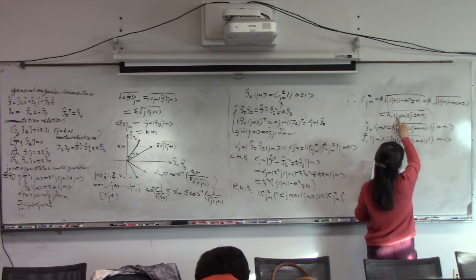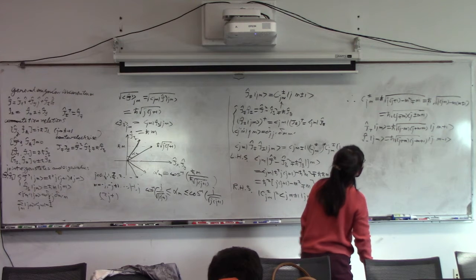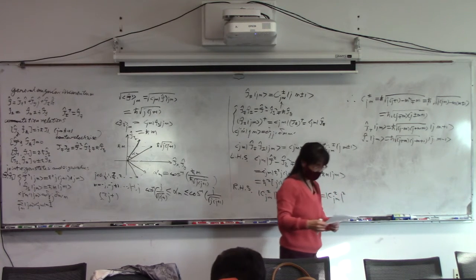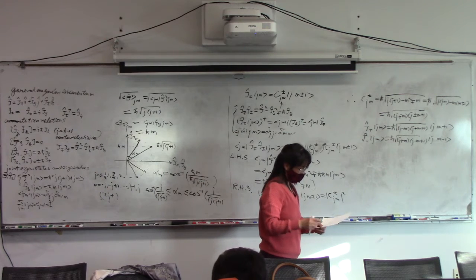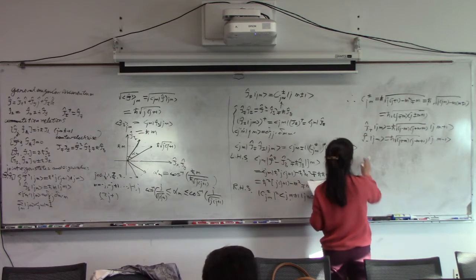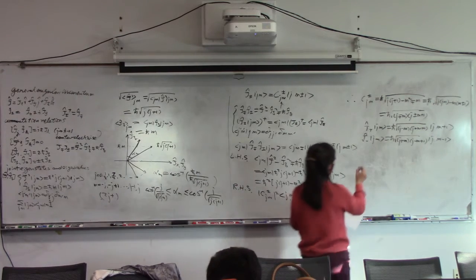Take J minus here, so we have a plus here, that is plus 1. So let's see. That's J minus, yes. Okay.